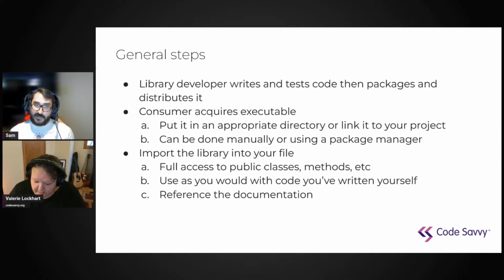Sometimes that's just GitHub, and you can use GitHub's release feature. There are repositories that collect all sorts of libraries for people to search through and host the distribution of them. We're going to see an example of that later as well.